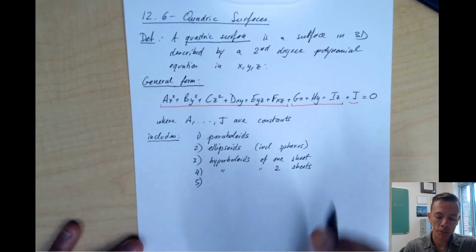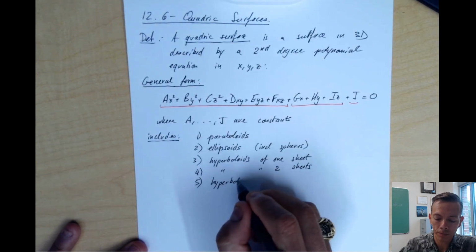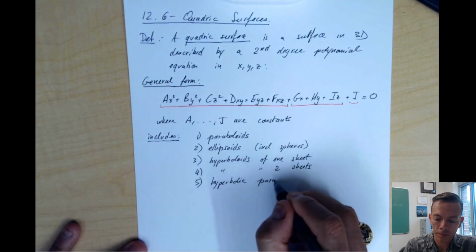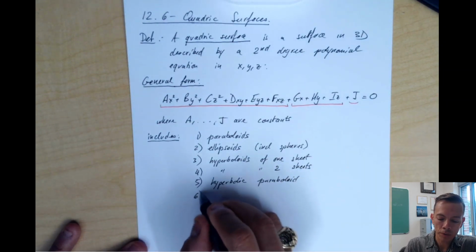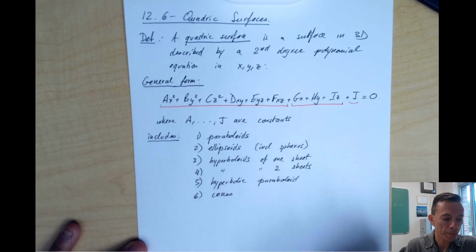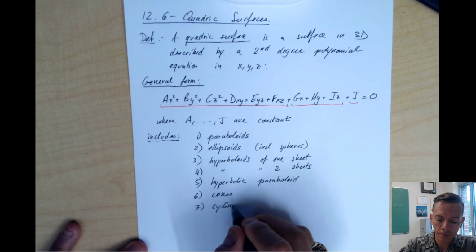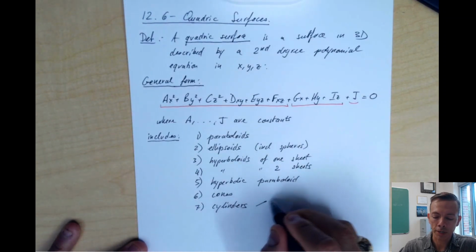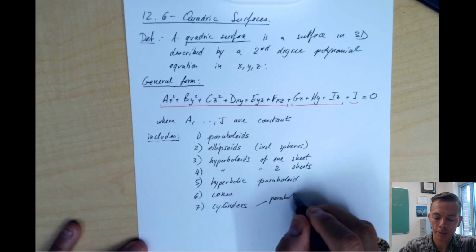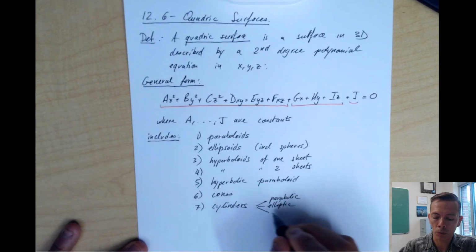Then you have another interesting one called a hyperbolic paraboloid. And then you have the cones and the cylinders. There are three different kinds of cylinders: a parabolic cylinder, an elliptic cylinder, or a hyperbolic cylinder.